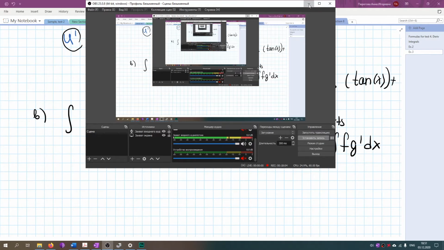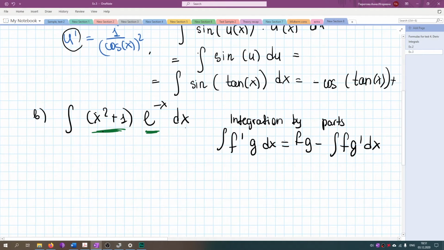So speaking about the part B, we will use here the method called integration by parts, and here we have an integral and we need to find functions f and g, so derivative of the function f and g.